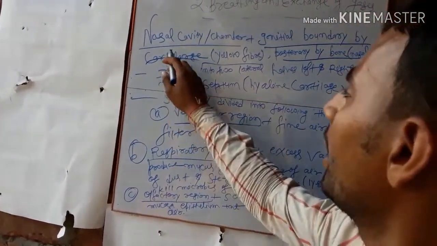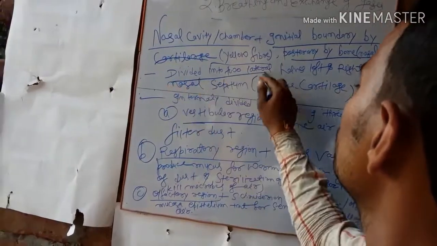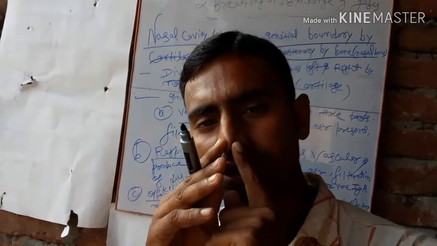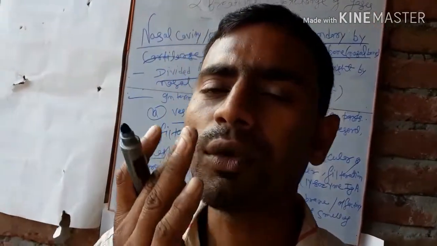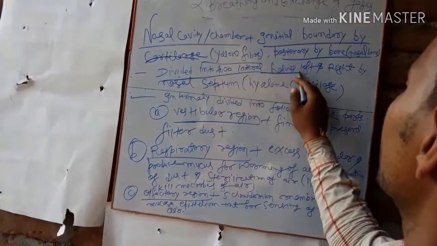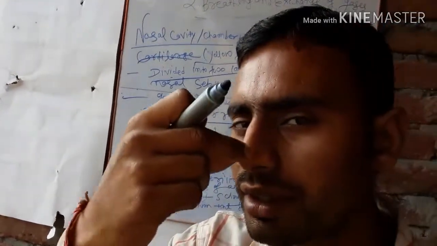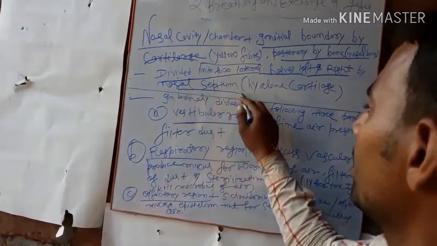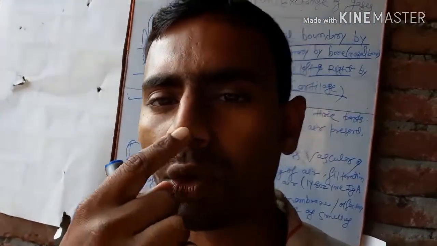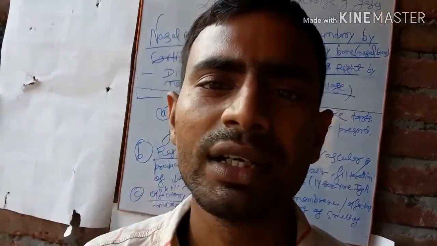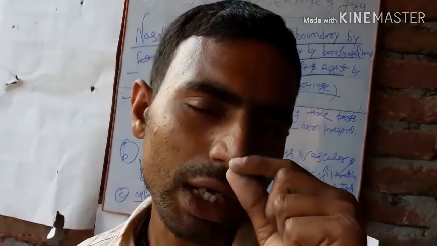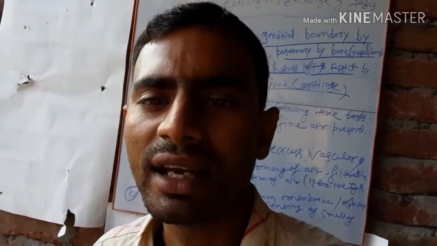The nasal cavity is divided into two lateral halves, left and right, by the nasal septum, which is hyaline cartilage. This is the nose, and this part is the nasal septum, that is the hyaline cartilage.